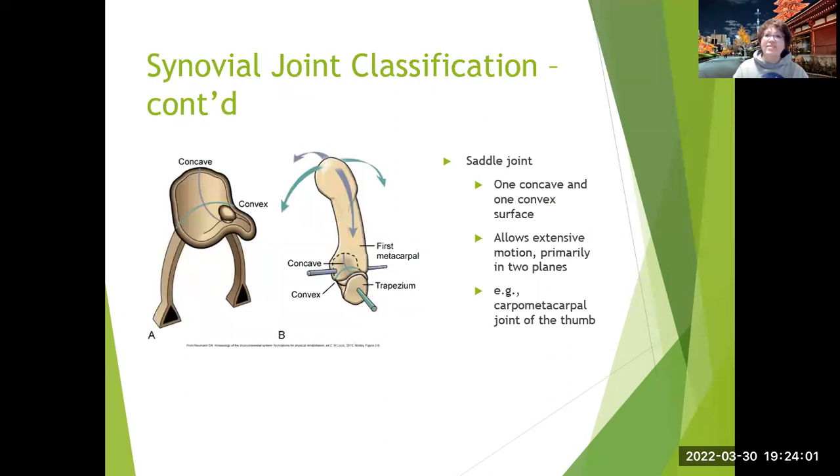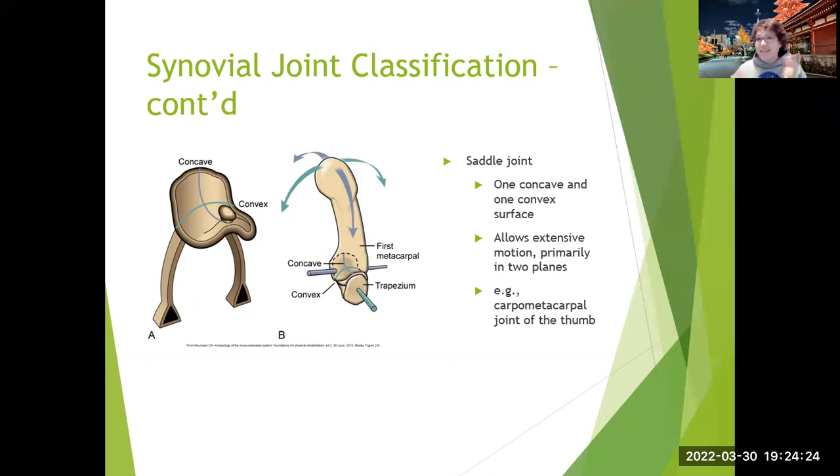A saddle joint is a kind of a special joint. We have 2 places in our body where we have saddle joint. One of them is right in our thumb. That's why we rule the world. Well, one of the reasons. We can grab onto things.